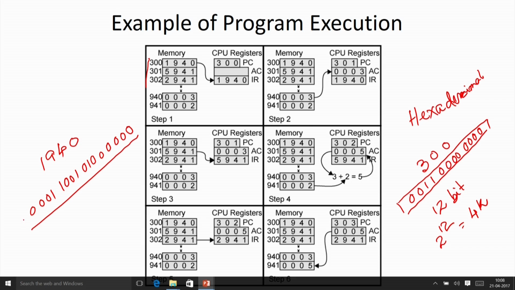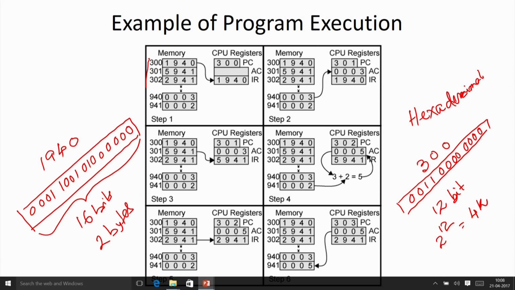This is the information that we have in memory location 300 in hexadecimal. So, we have a total of 16 bits, which is 2 bytes. That means, in every memory location you can store 2 bytes of information.